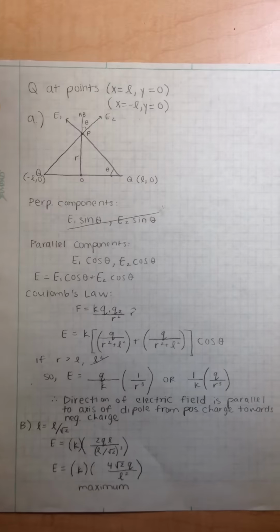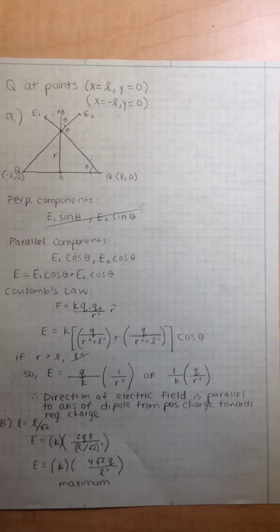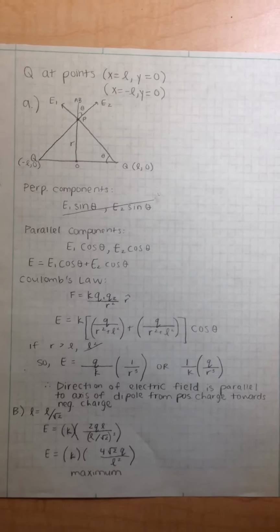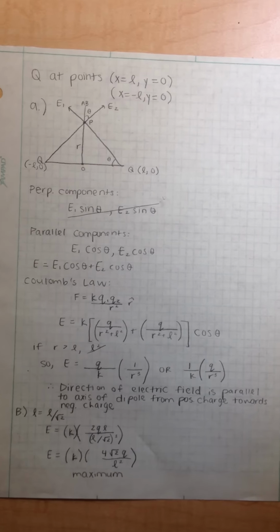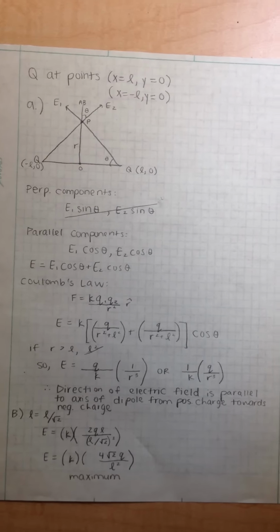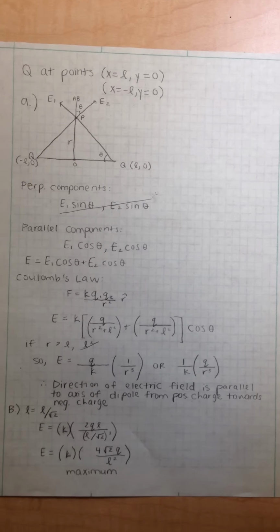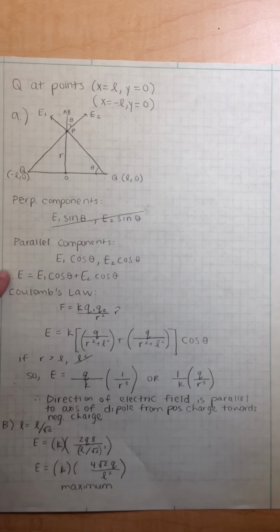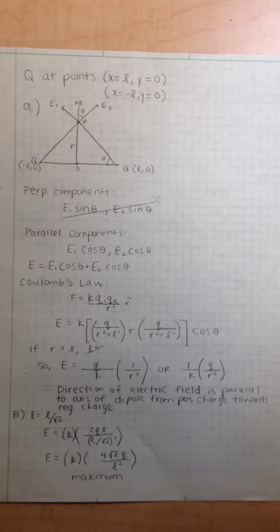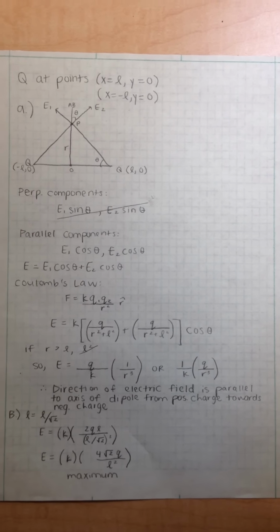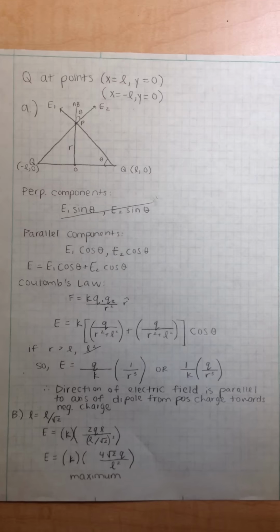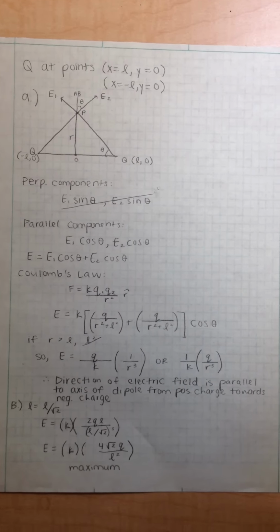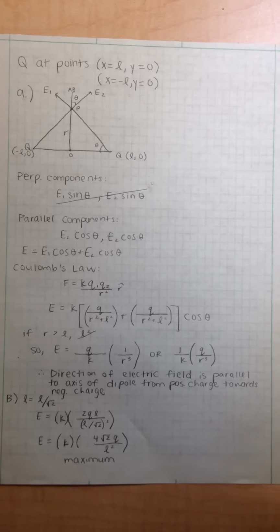So left we have the parallel components, which were E1 cosine theta and E2 cosine theta. The parallel components are in the same direction, hence they add up. So the resultant right here is E equals E1 cosine theta plus E2 cosine theta, which is the resultant of the electric field at this point O.